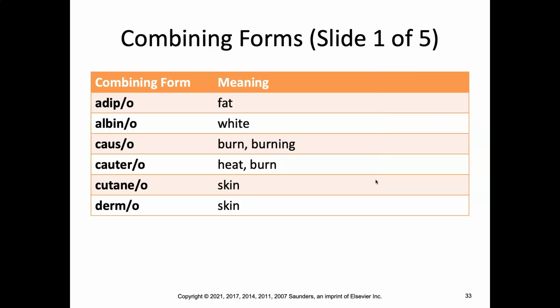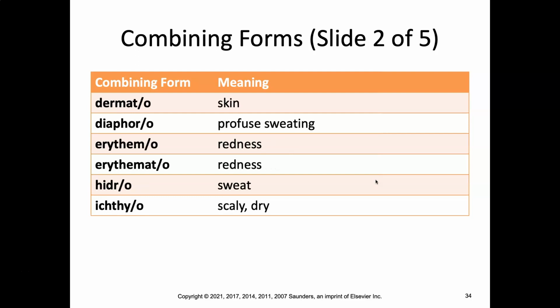Now we're on to combining forms, and remember our equation: root plus combining vowel equals combining form. So we have adipo, albino, cauterio, cutaneo, dermo. And watch out because you've got multiple ones for skin. Dermato, another one for skin. Diaphoro, erythemo, erythemato, two there that mean redness.